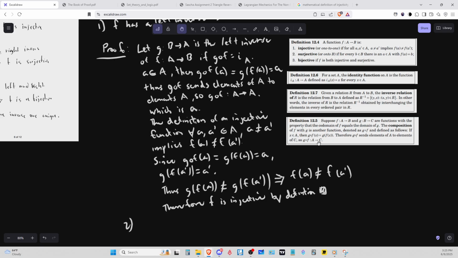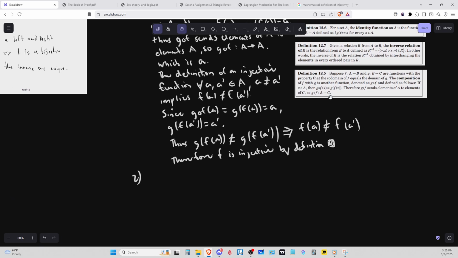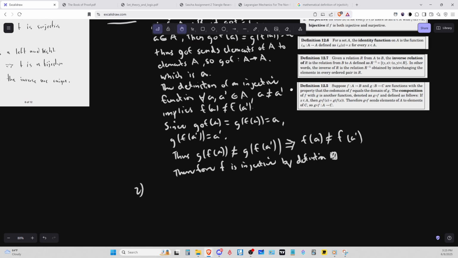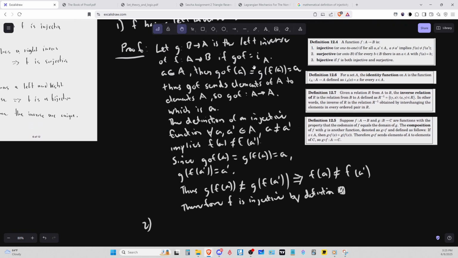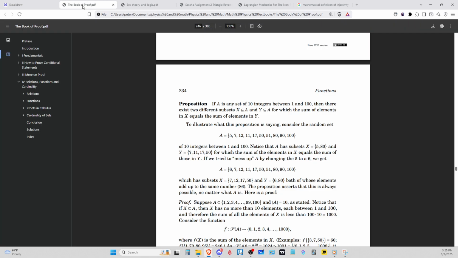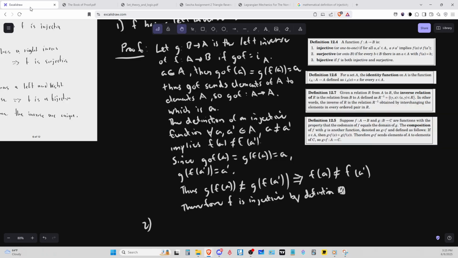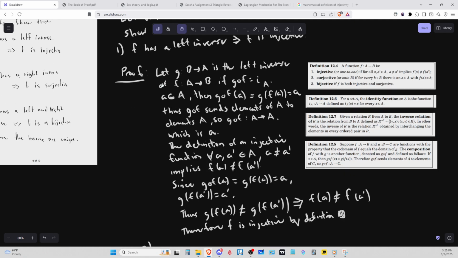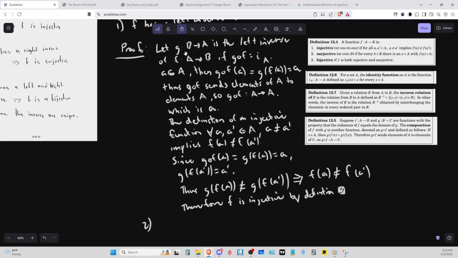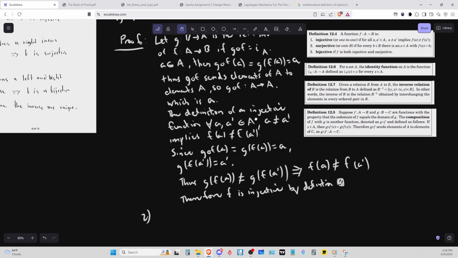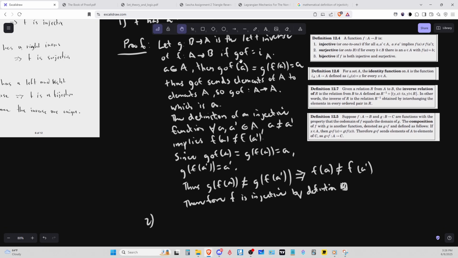What is this composition? So is a right inverse like the opposite? I think it's supposed to be the opposite, right? Where you let f be the right inverse of, and then you do the composition from f to g.